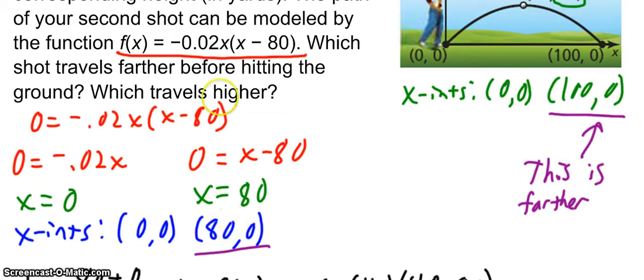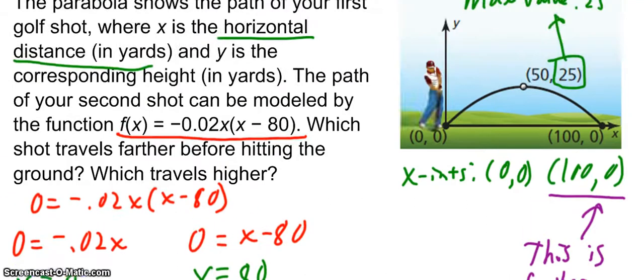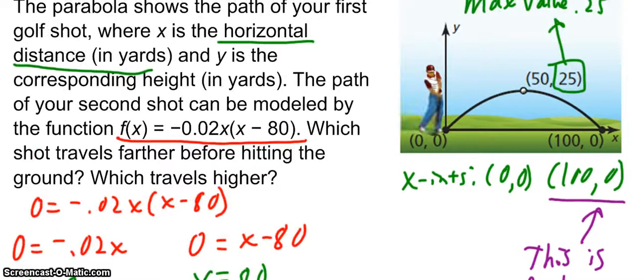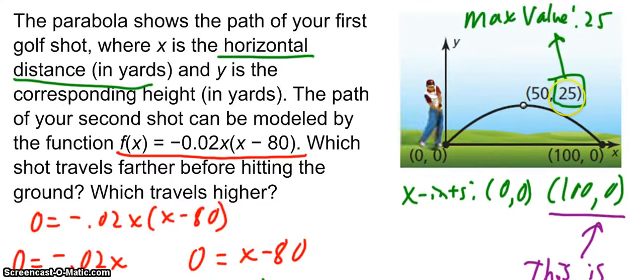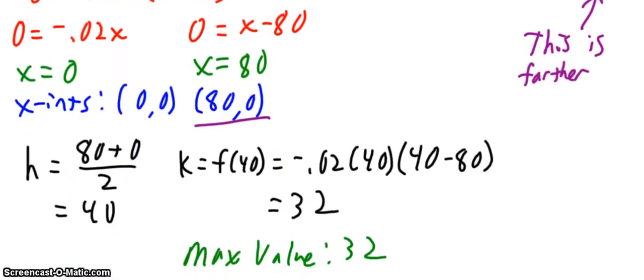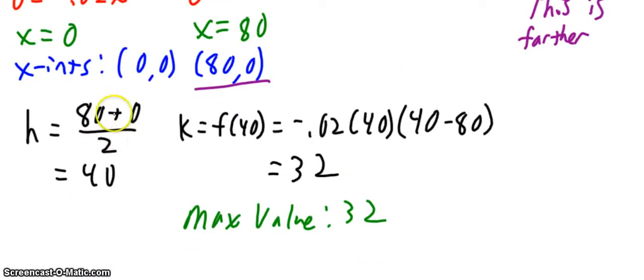Now to find which one went higher, I have to find the maximum. Again, from the graph, I can actually see the maximum. So the maximum value here is 25. That is the y-coordinate of the vertex right here. That's at 25. For the equation, I have to find that. So I average the x values of the x-intercepts, and I get 40.